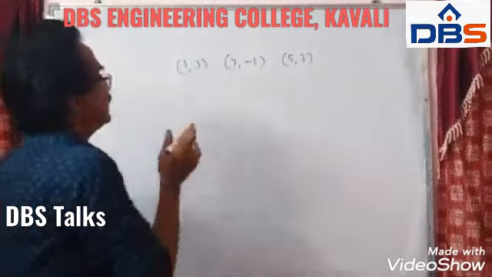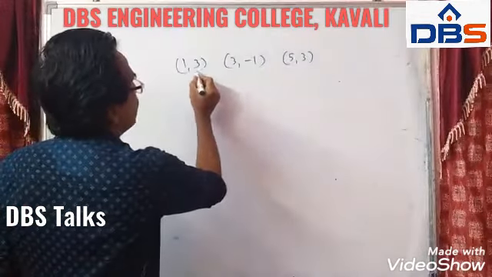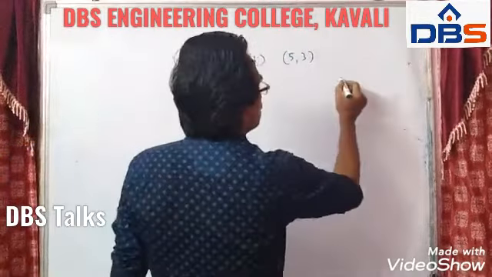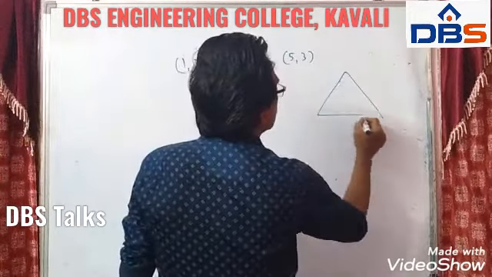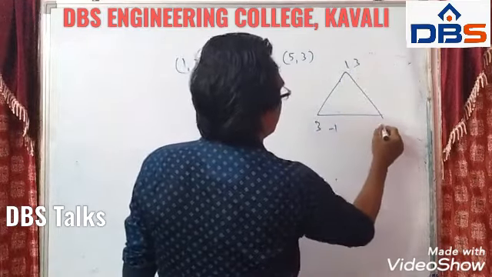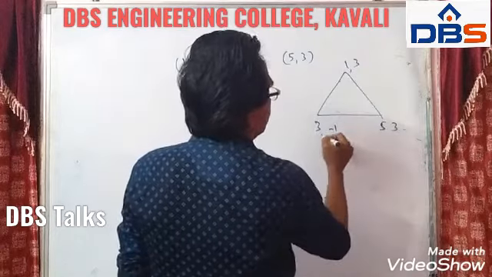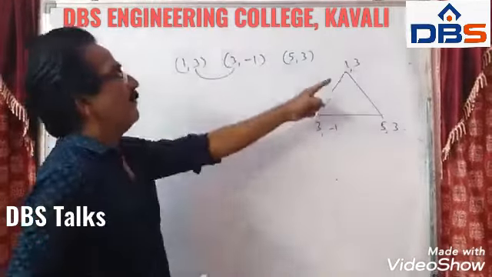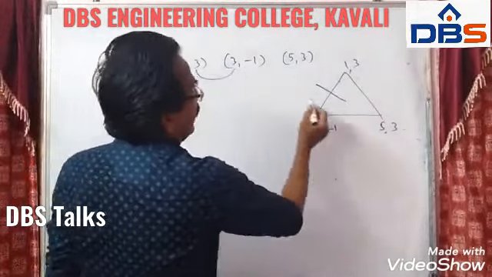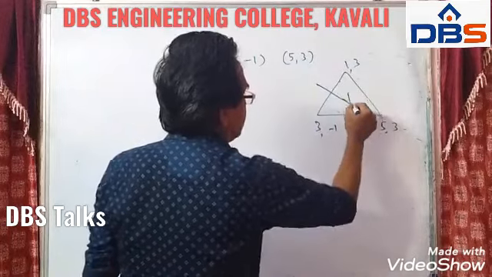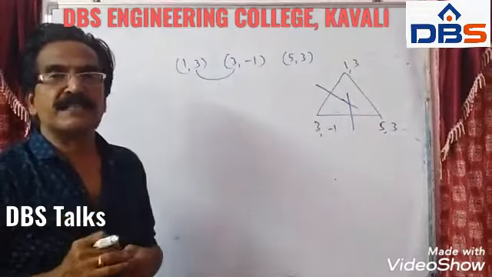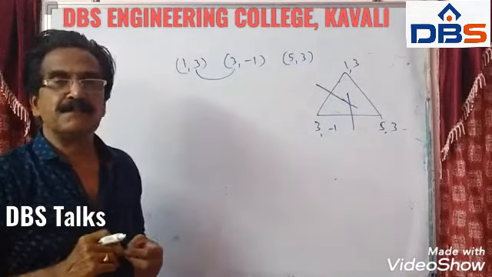Okay, friends, first find the perpendicular bisector of the points (1, 3) and (3, -1). Thereafter we will find the perpendicular bisector of the other two points, and by solving those two equations we get the circumcenter.